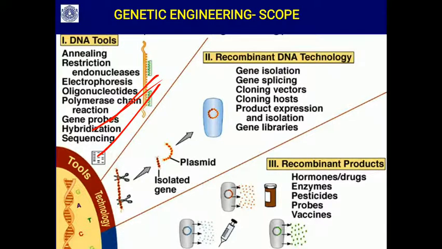If the DNA fragment is smaller, below 5000 base pair, then we can get multiple copies, millions of copies of this within no time using the polymerase chain reaction. We can develop a DNA probe, and we can identify the desired gene, or else hybridization technique, sequencing technique, all this we will discuss later in detail.